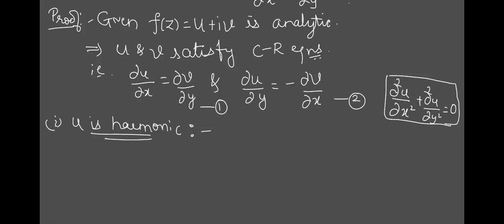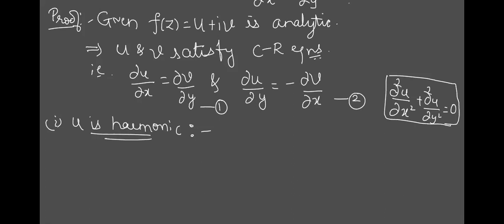See, this is dou square u by dou x square. Corresponding to dou square u by dou x square, which equation do you have?